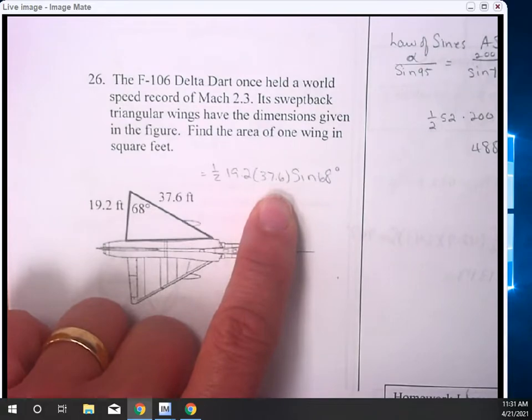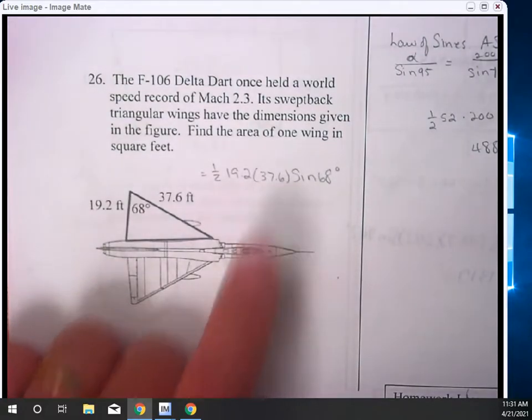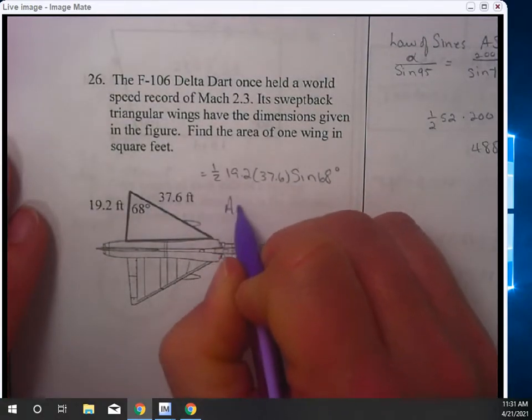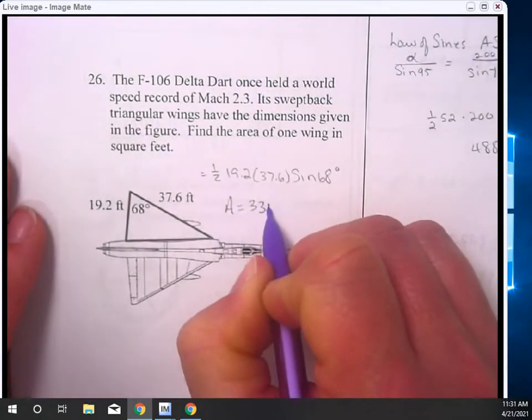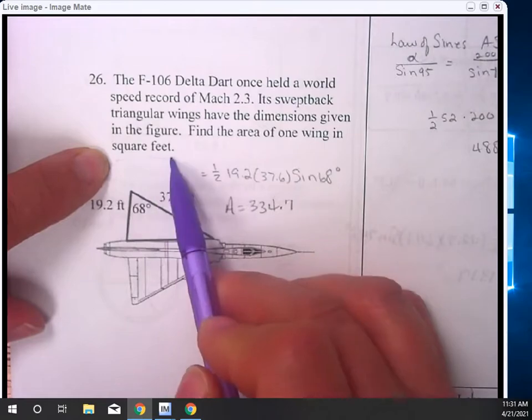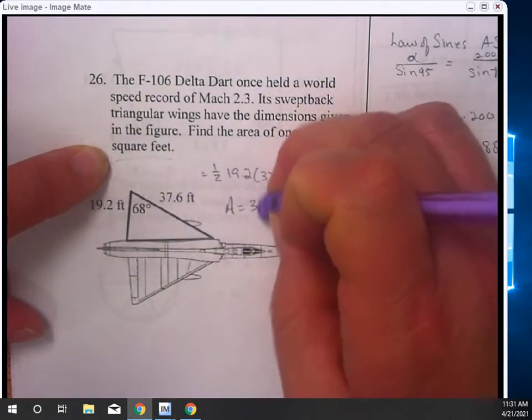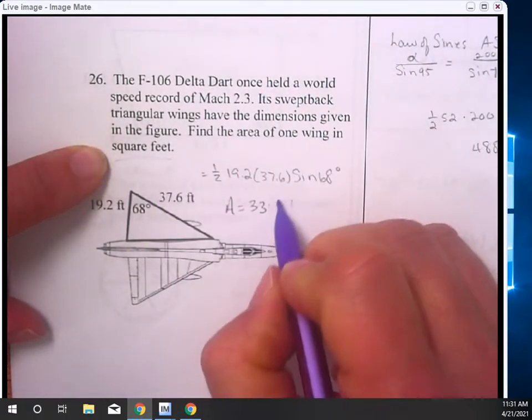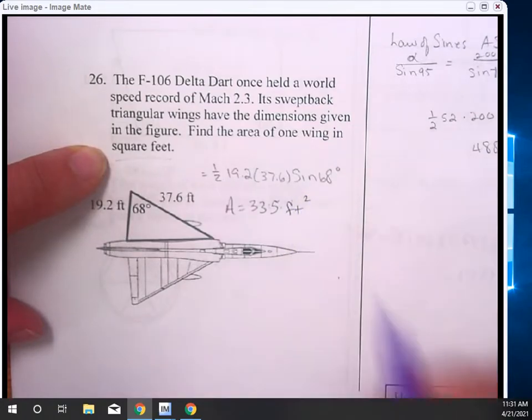And I'm just typing it all into the calculator at the same time. And the area of that wing is 334.7. If I'm rounding to the nearest square feet, it will be 335 feet squared.